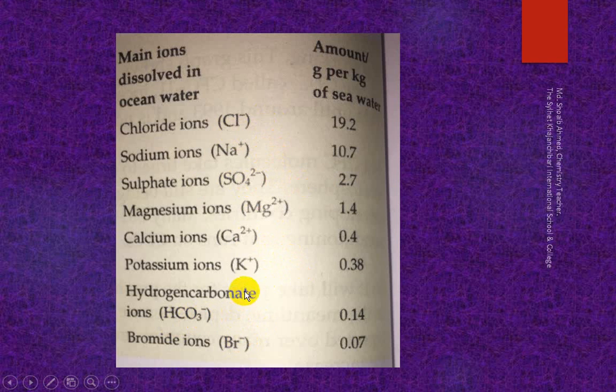Okay, I have a question for you. Which positive ion is highest in the ocean water? Yes, sodium ions. Which negative ion is at the top? Chloride ions.